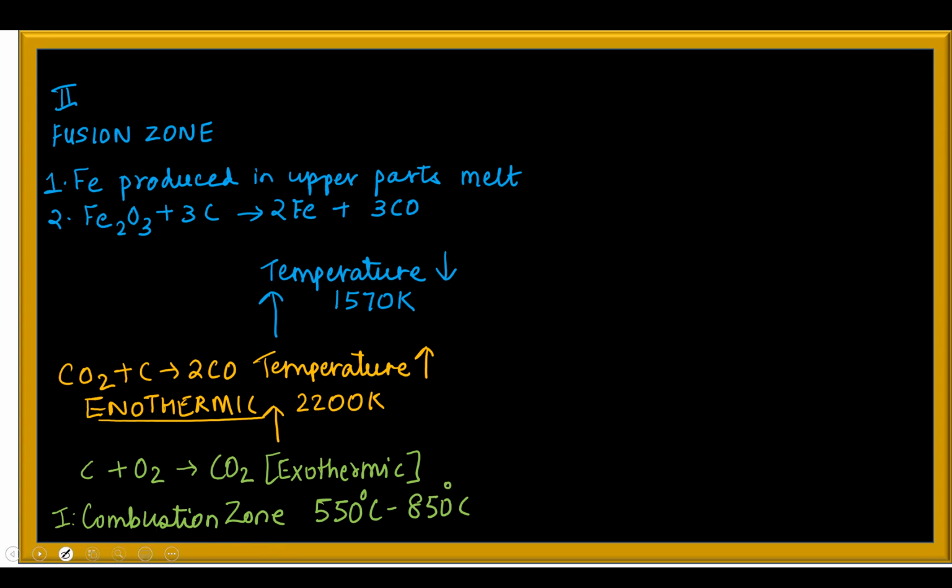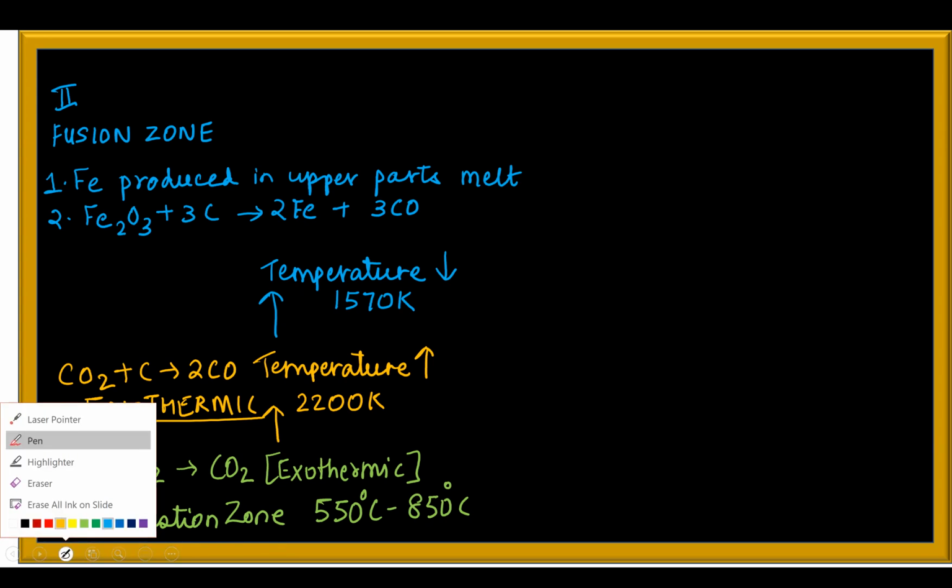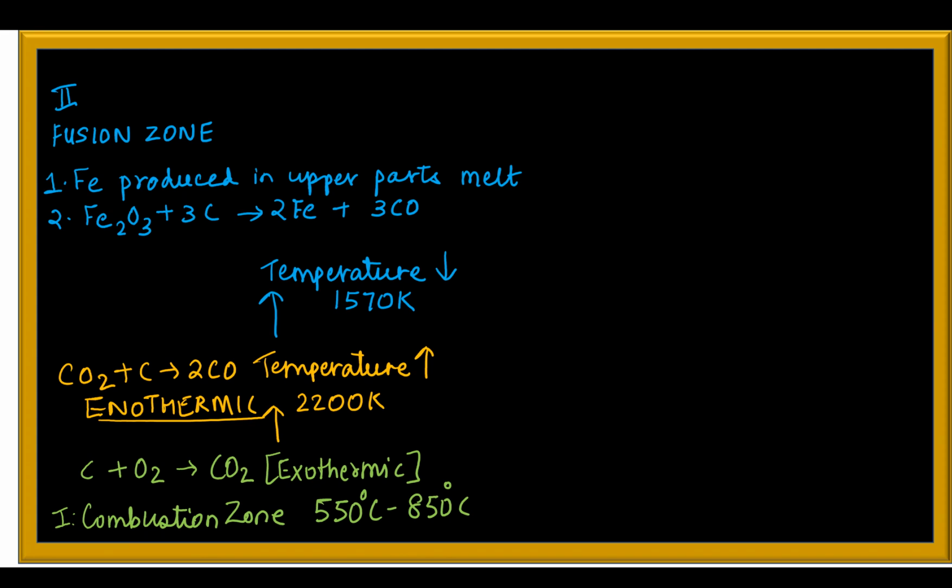As more reactions keep happening, you will find that the temperature drops from 1570 to another temperature, that of the slag formation, and that is 1270 Kelvin. So the temperature further drops to 1270 Kelvin, and this is the slag formation zone.